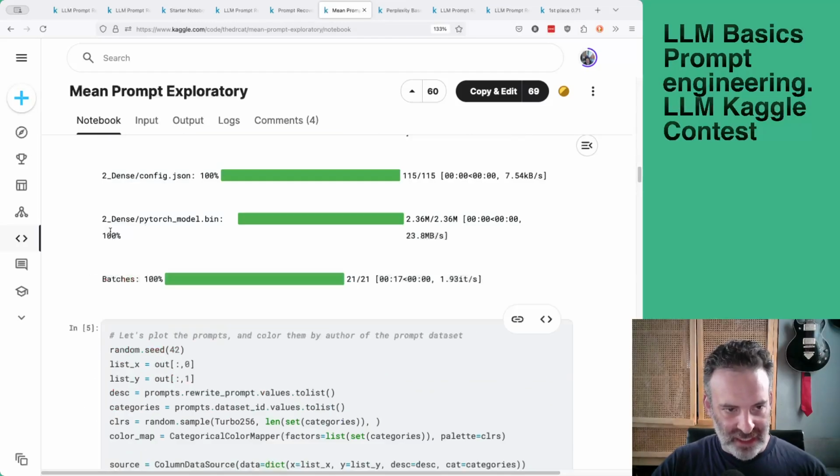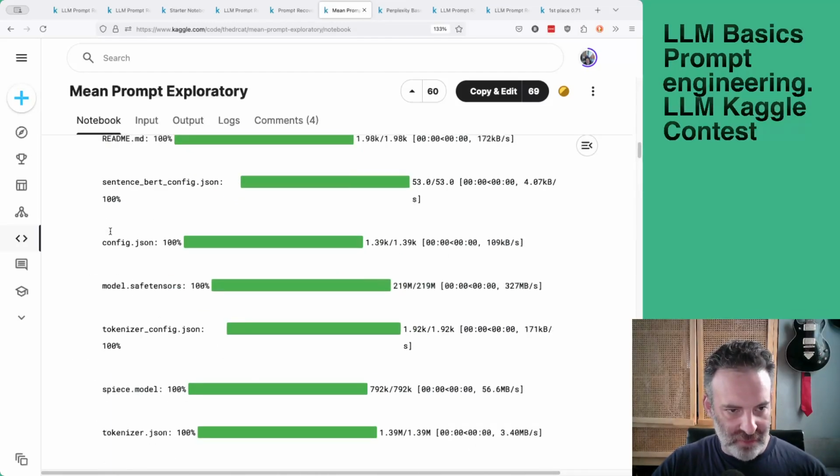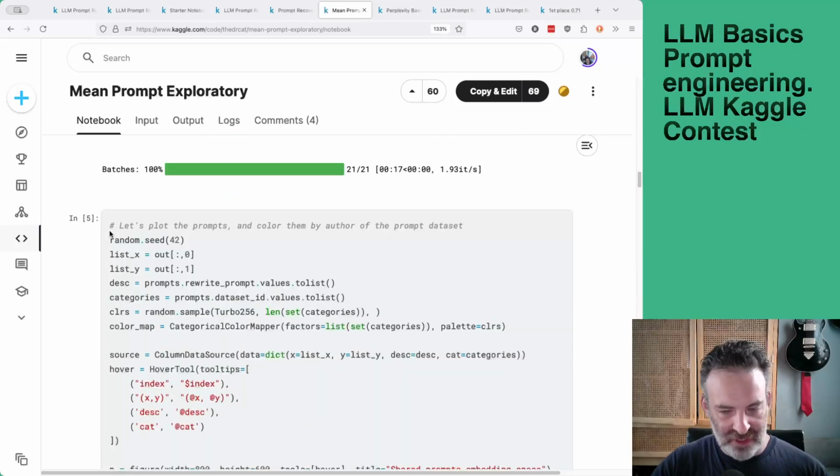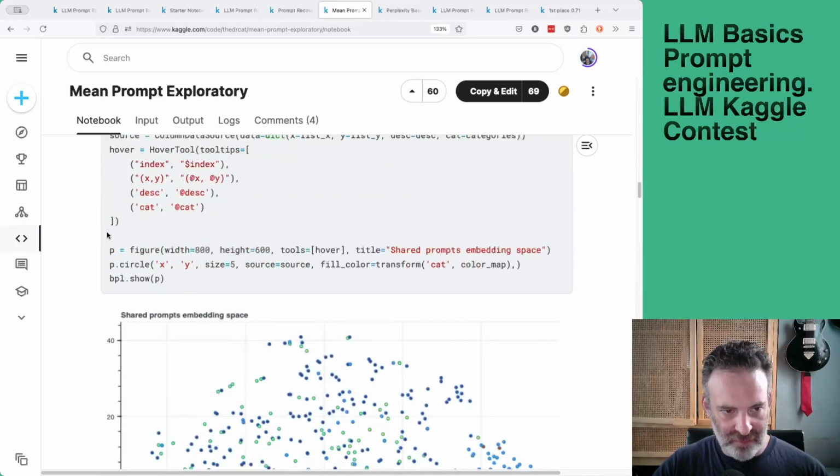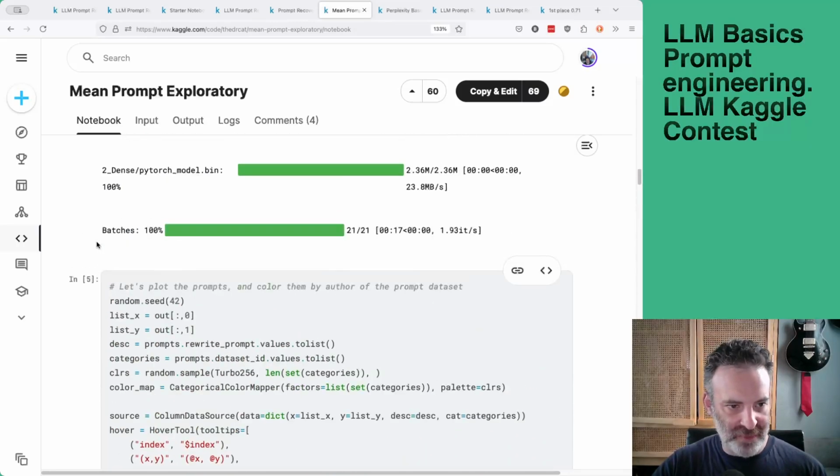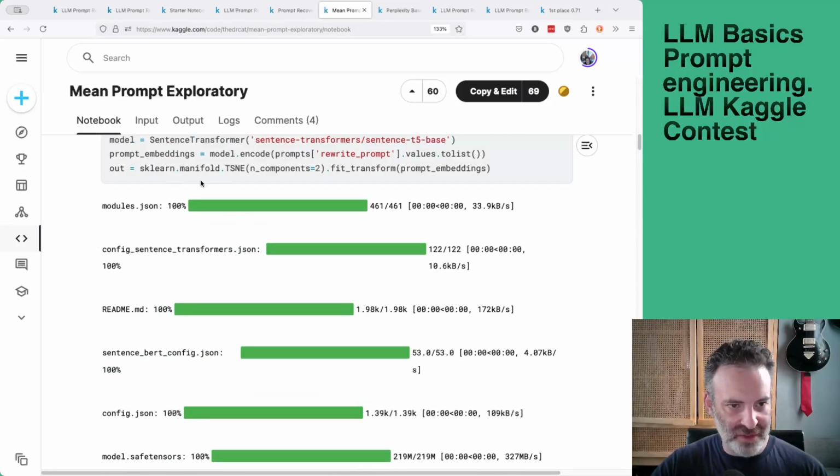So this guy took a whole bunch of those data sets that we saw and flattened it to a 2D map using t-SNE. If you're familiar with PCA or UMAP, it's a similar thing.